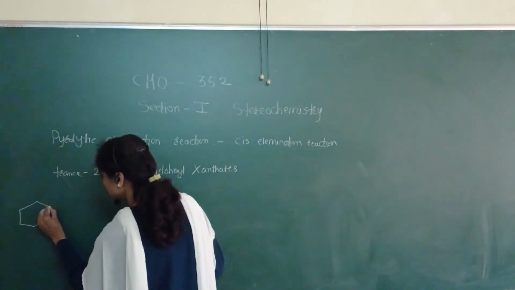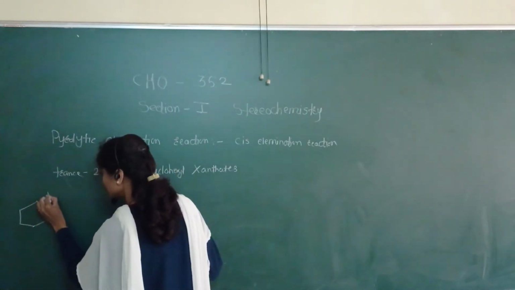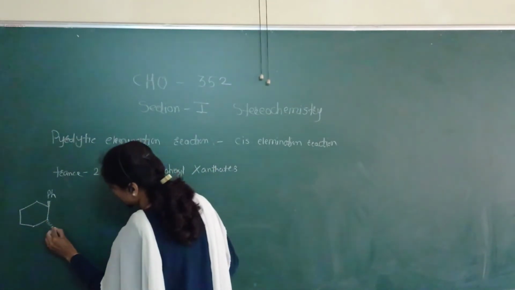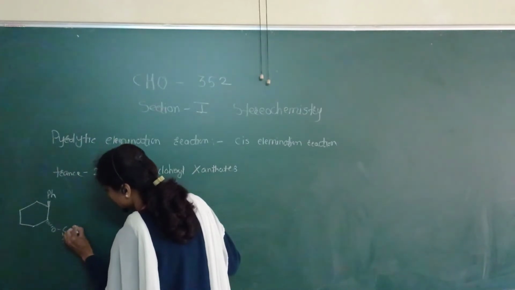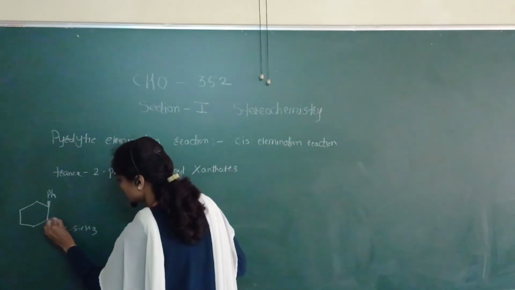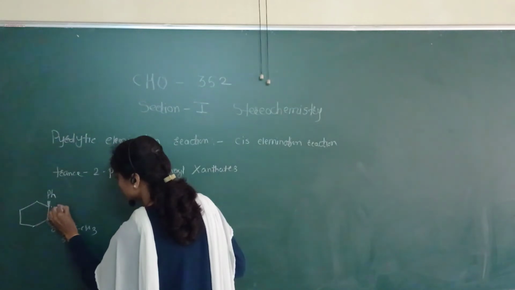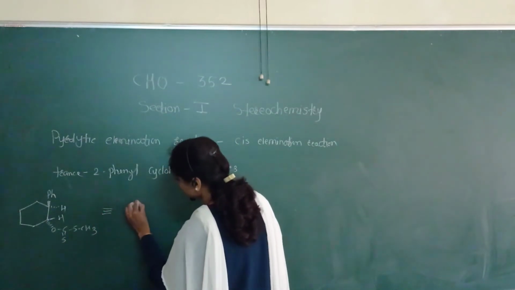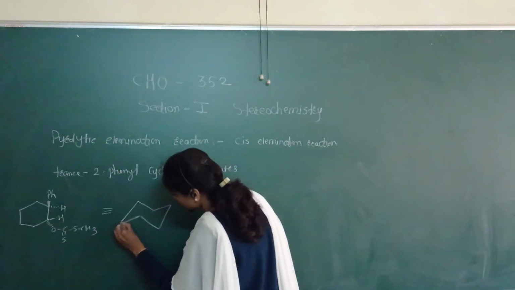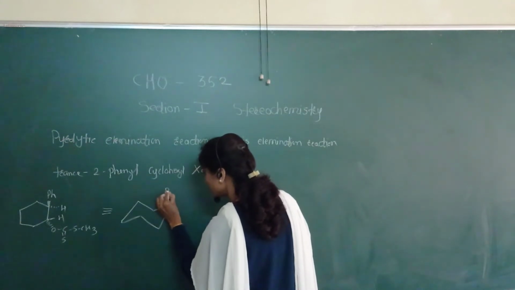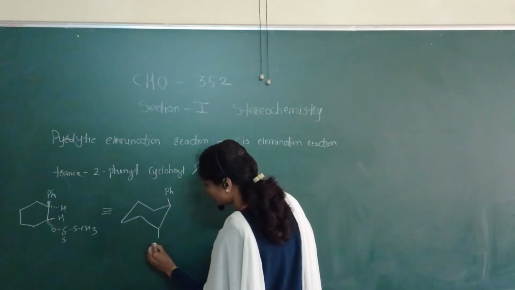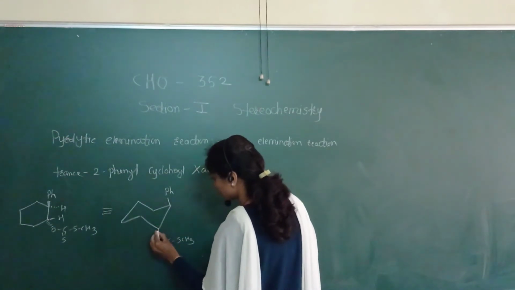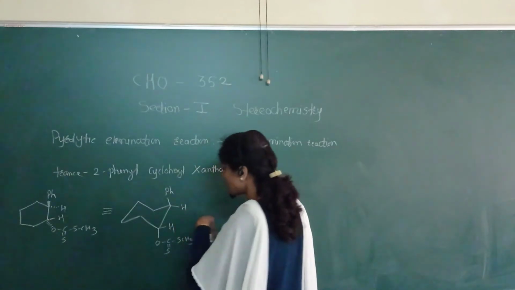Trans-2-phenyl means one is above the plane, this phenyl is above the plane, and this xanthate is below the plane, like O, C double bond S, S C H 3, and this hydrogen is above the plane and this hydrogen is also below the plane. The chair form of this is like this. Phenyl is above the plane and xanthate is below the plane, means O, C double bond S, S C H 3, and here is hydrogen and here is also hydrogen.